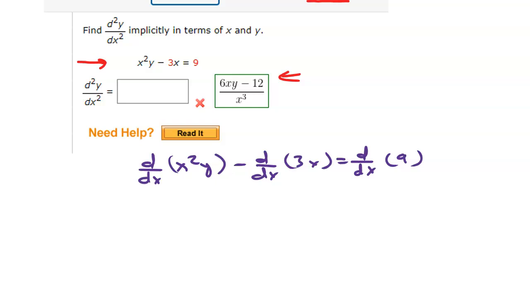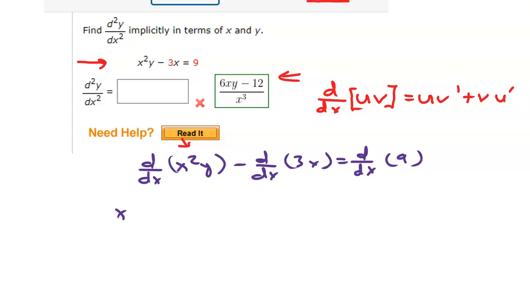Okay, so notice we have a product here. Remember to find the derivative of a product, I like to use UV. That's UV prime plus VU prime.